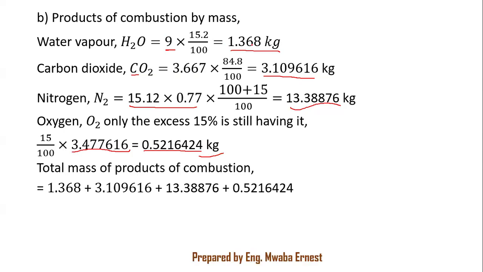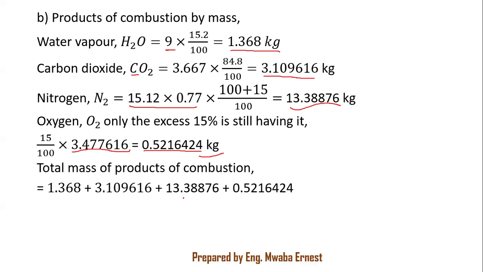Then we will find out the percentages that are being represented by each of them, because this time around we're dealing with the products of combustion. So I add water vapor, the mass 1.368. I'm adding carbon dioxide 3.109616.